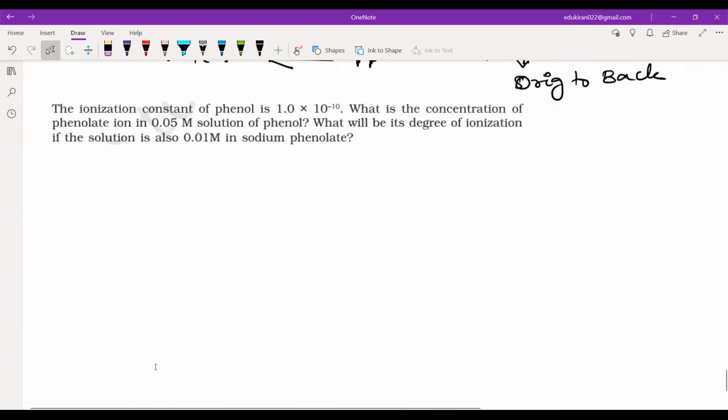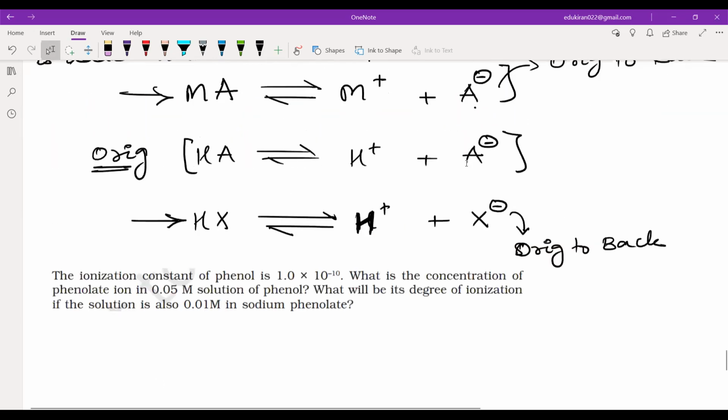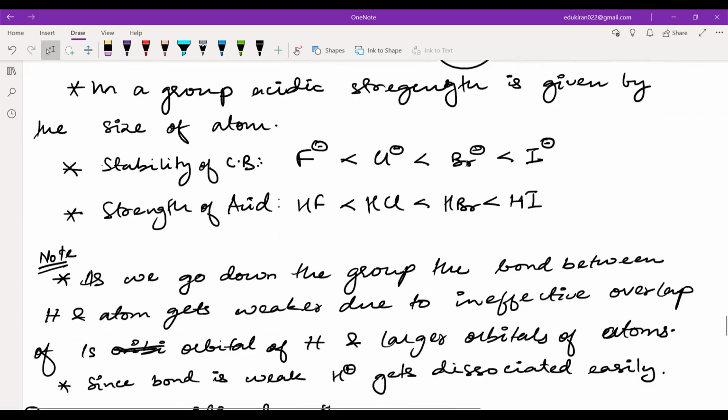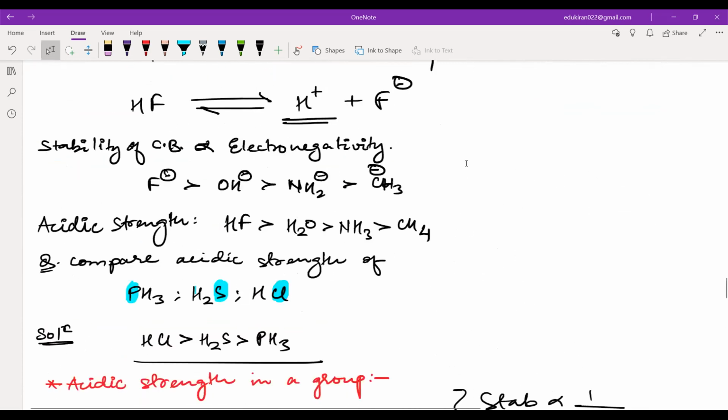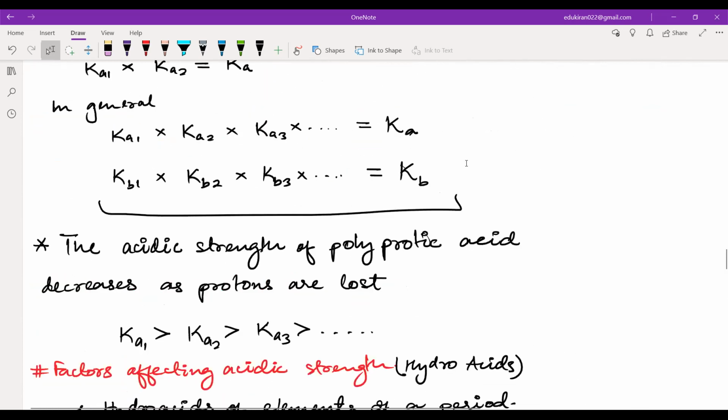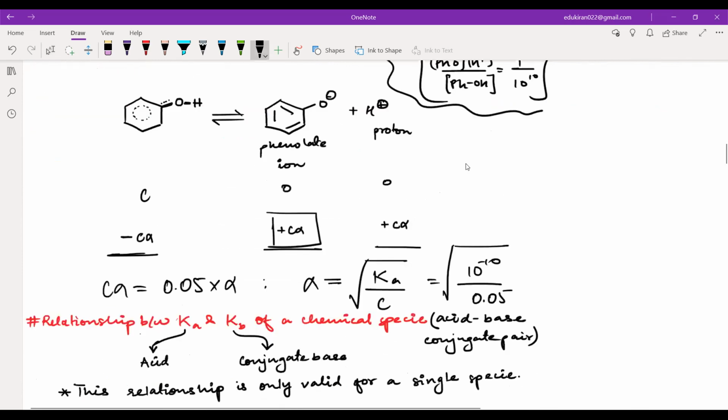They are saying that the ionization constant of phenol is this. Did you get the answer for this one? We did not calculate it now actually. Let me just calculate the alpha, that will make things easy. Root of 10 to the power minus 10 divided by 0.05.